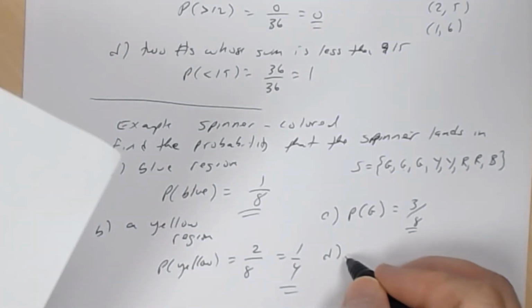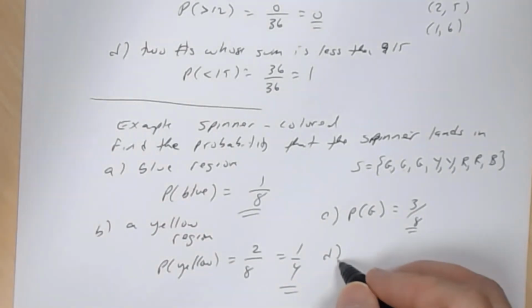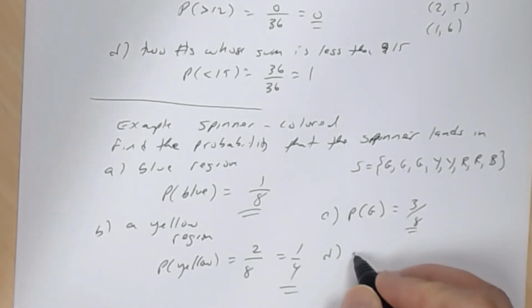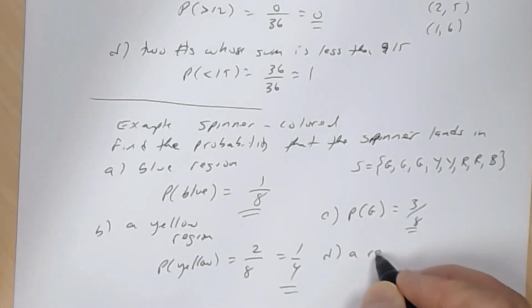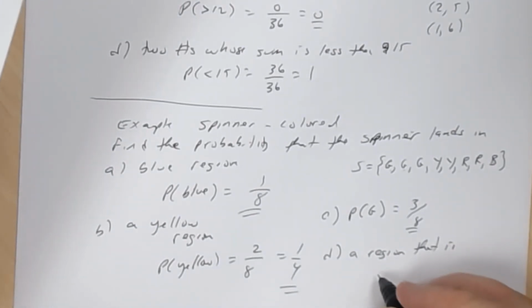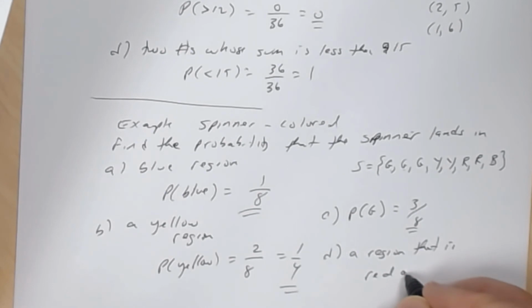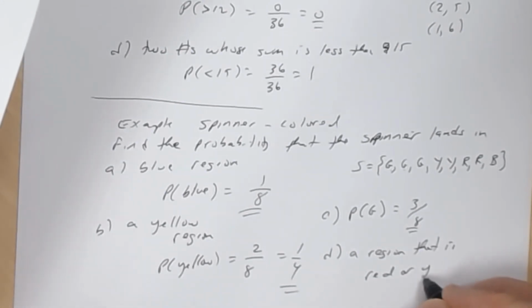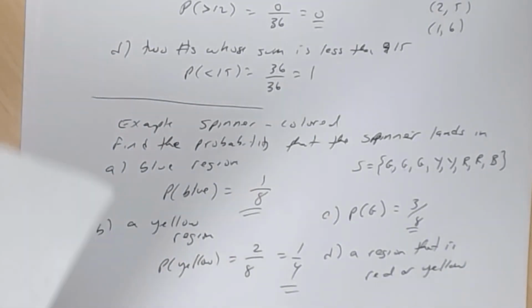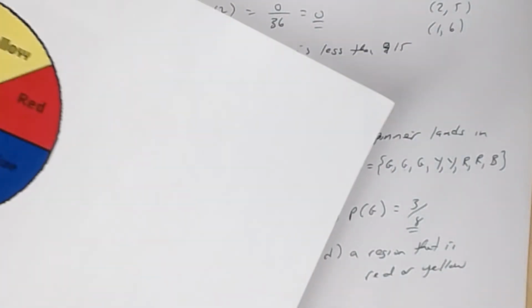D, what's the probability that the spinner lands in a region that is red or yellow? Red or yellow, okay, so now I have 2 colors. I want either red or yellow.